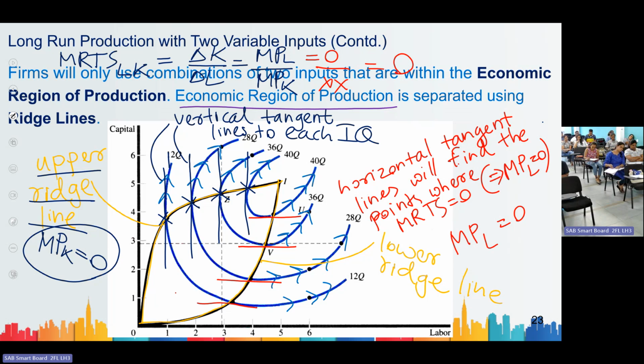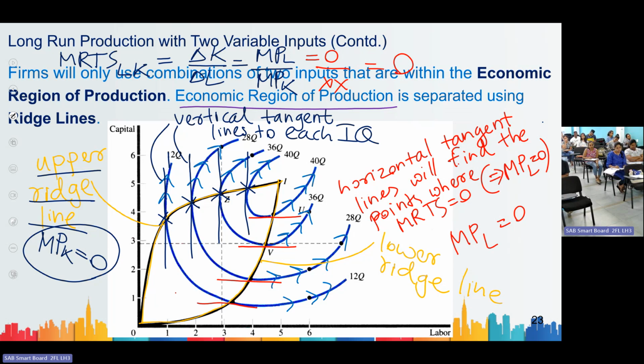To separate the economic region of production from upward sloping portions of isoquants, we have to draw two ridge lines. One ridge line is the upper ridge line and the other one is the lower ridge line.